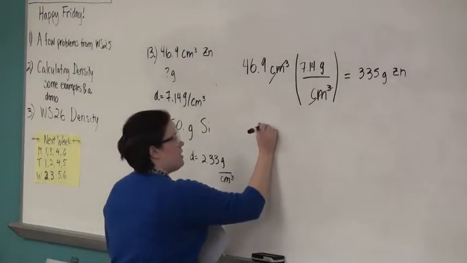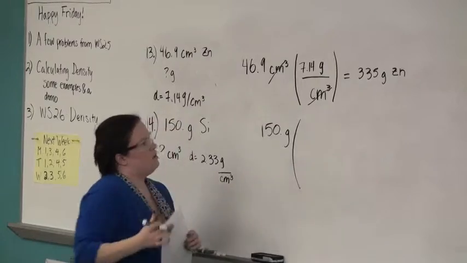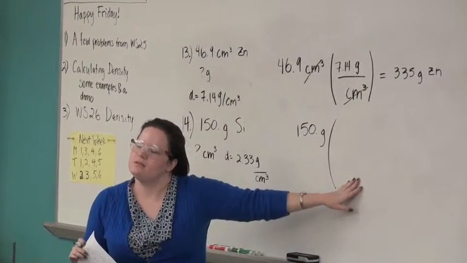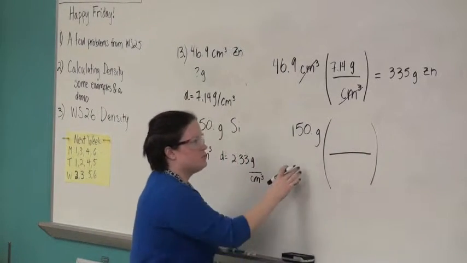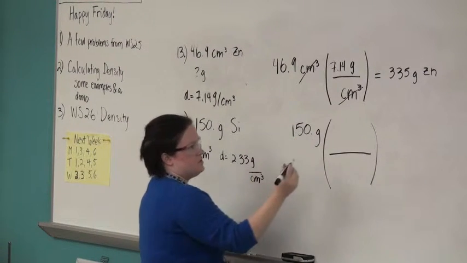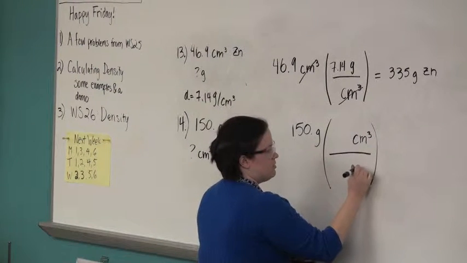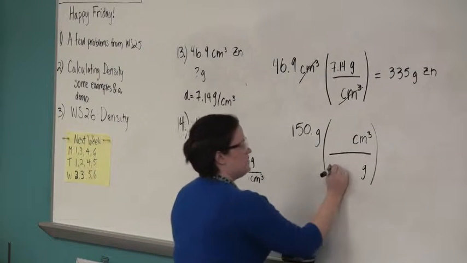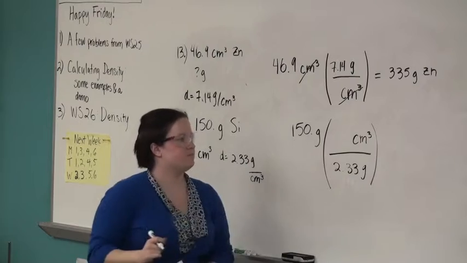So, okay, got my 150 grams. What's going to go on the bottom of this fraction? Grams. Did everybody see that? Because we're trying to get rid of the grams and get cubic centimeters. So that means I've got to have cubic centimeters on the top and grams on the bottom. So I'm just going to put the density on the bottom, 2.33 grams per cubic centimeter.